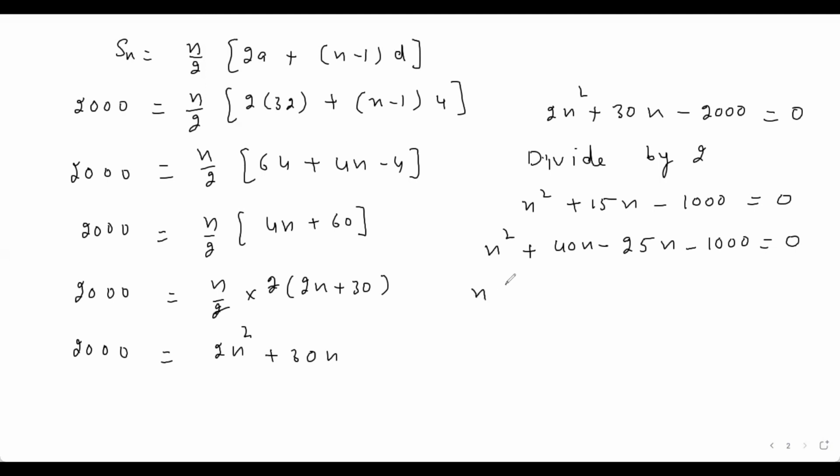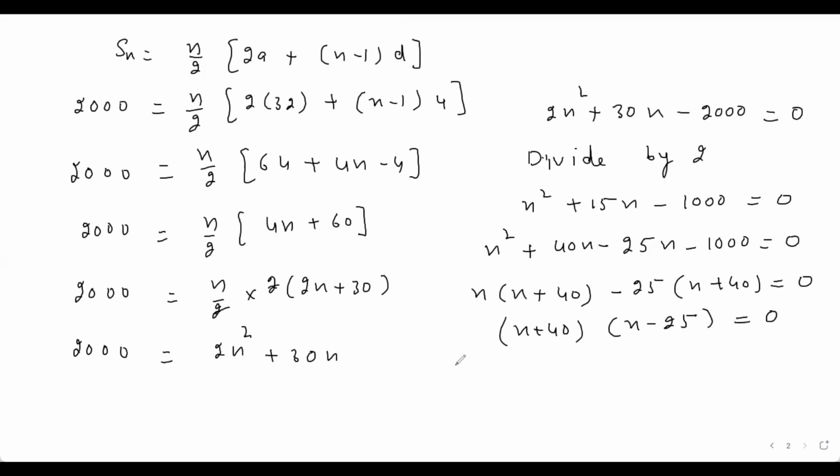So take N common: N plus 40 in the bracket, minus 25 into N plus 40 in the bracket, equal to 0. N plus 40 common, N minus 25 in the bracket equal to 0. Either N plus 40 is equal to 0 or N minus 25 is equal to 0. So N is equal to minus 40 or N is equal to 25.